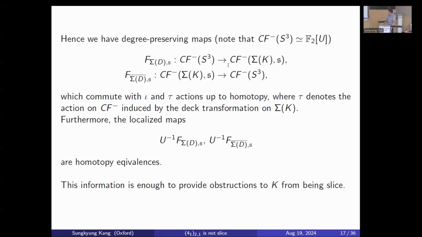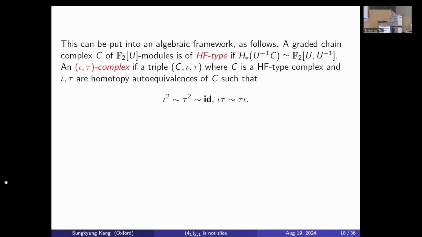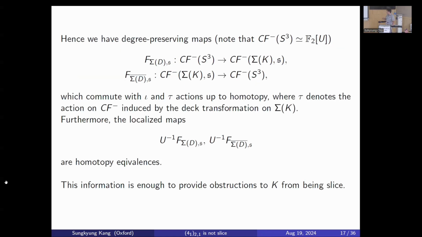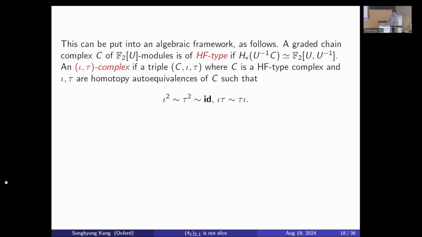So this information is the one that we will need to prove that the 2-1 cable of the figure 8 knot is not slice. But let's put all these things into an algebraic framework so that we can deal with things in a bit more clean and better way. Okay, so algebraically, what this Heegaard Floer theory looks like is that it's just a chain complex, which is what we call an HF type.